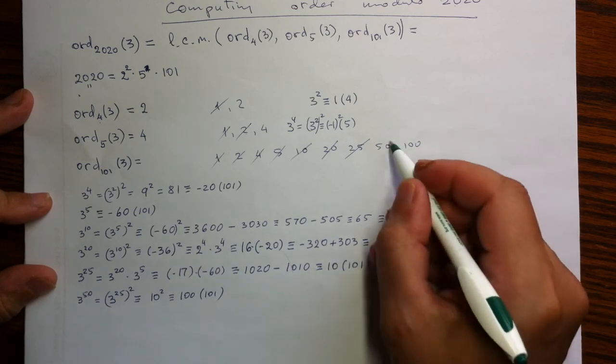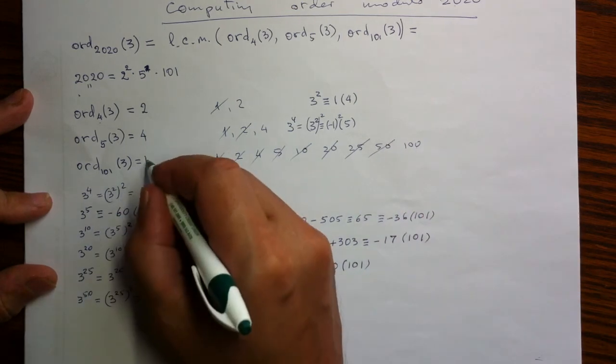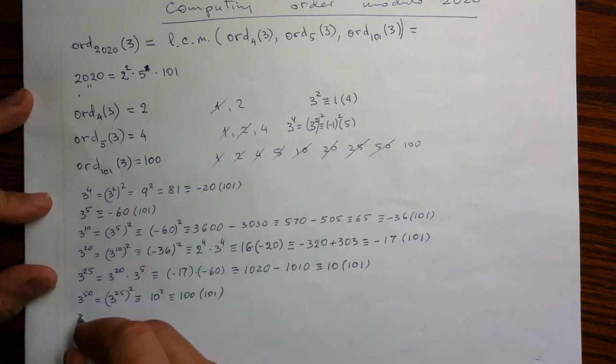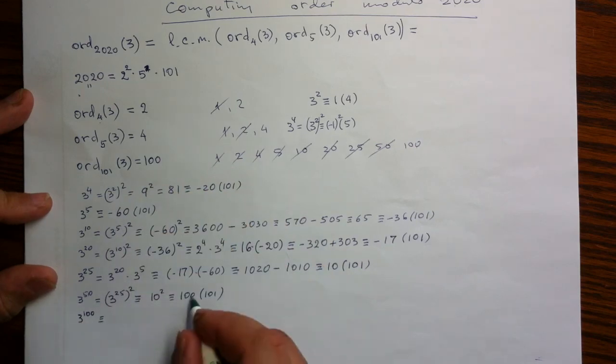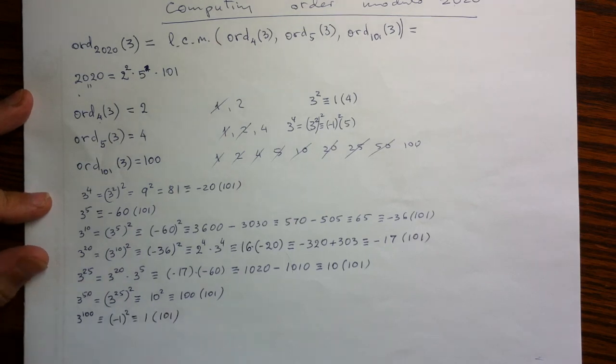So I'm still not seeing 1, this is not the answer, but that is the only option I have, and that is the right answer, because now if I compute the 100th power, I'll be computing the square of this, which is as good as negative 1. So negative 1 squared is going to give me 1, and that is the first power of 3, which is 1.